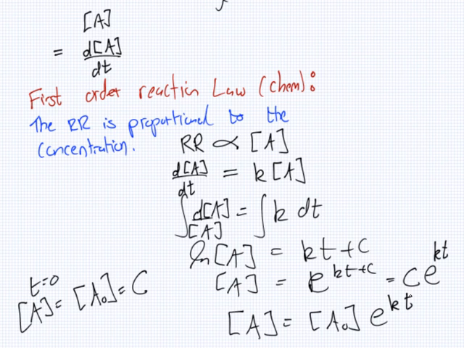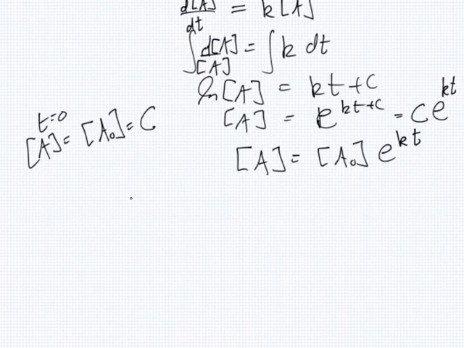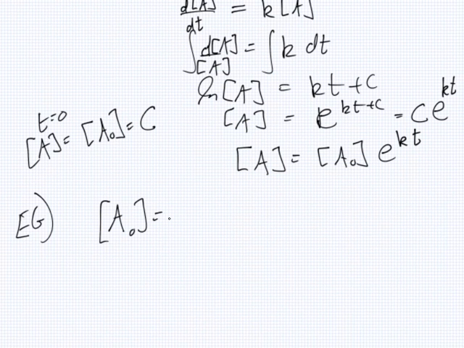Okay, so let's put in some examples then. What concentration would you have used as an example? 0.1. Okay. A0 would be, what would you say? 0.1 molar. Yeah. Good. And we'll also say that A is practically all gone. We'll say 0.001 molar.